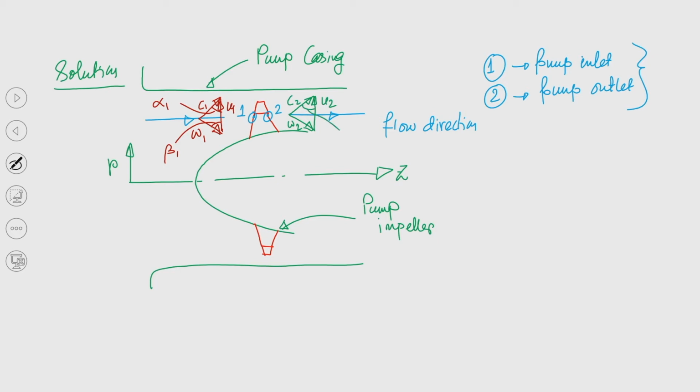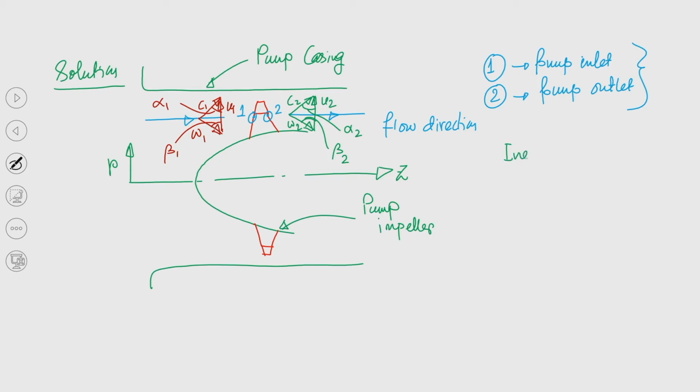Okay. This angle is alpha 2 and this angle is beta 2, right. So, this is very important. We have drawn the velocity triangles. Now, it would be nice if we try to draw the velocity triangles again, so that will help us to understand the problem in a better way.